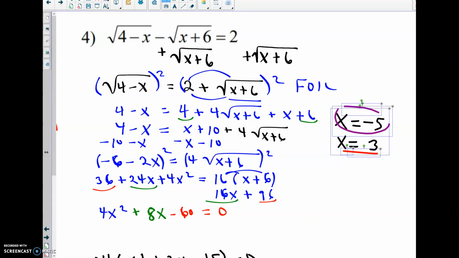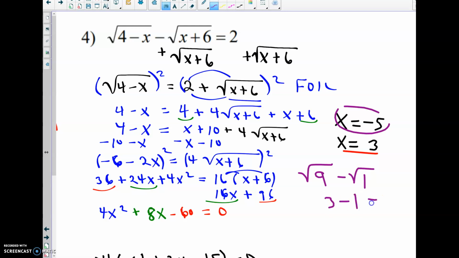Alright, so let's plug in x equals -5 into the original. So 4 minus a -5 is 9. So the square root of 9 minus the square root of 1. 3 minus 1, does that equal 2? Yes.